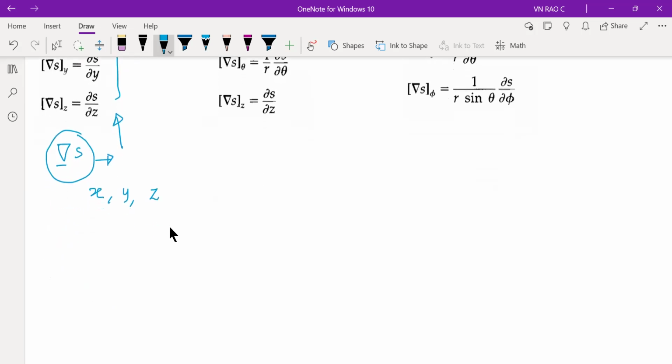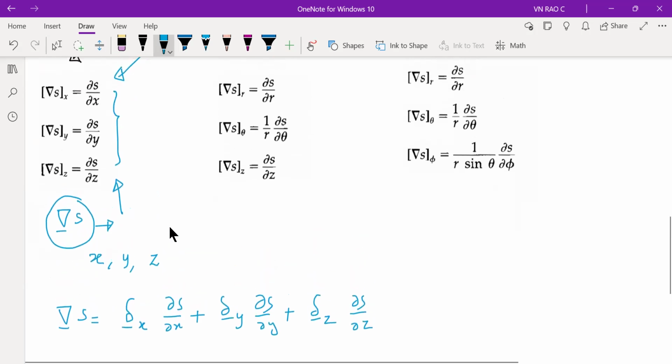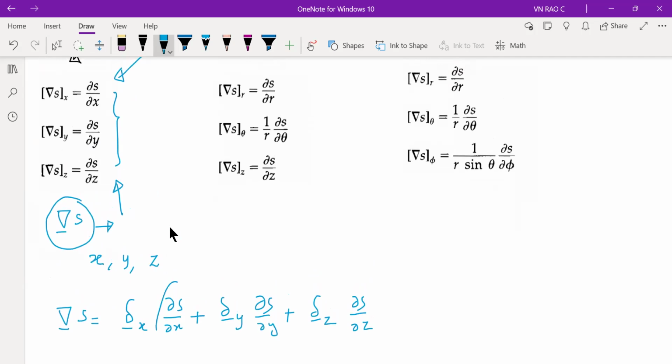So generally, when I write del s, the vector is dou s by dou x, plus dou s by dou y, plus dou s by dou z. So you can see the components. X component is this, y component is this, z component is this in Cartesian coordinate system.